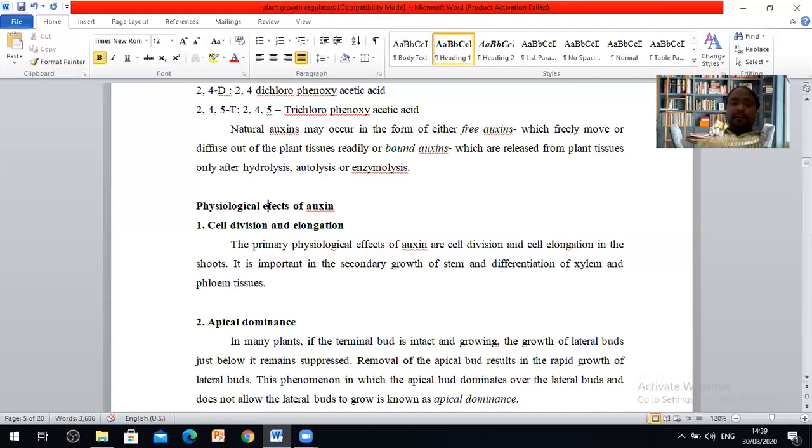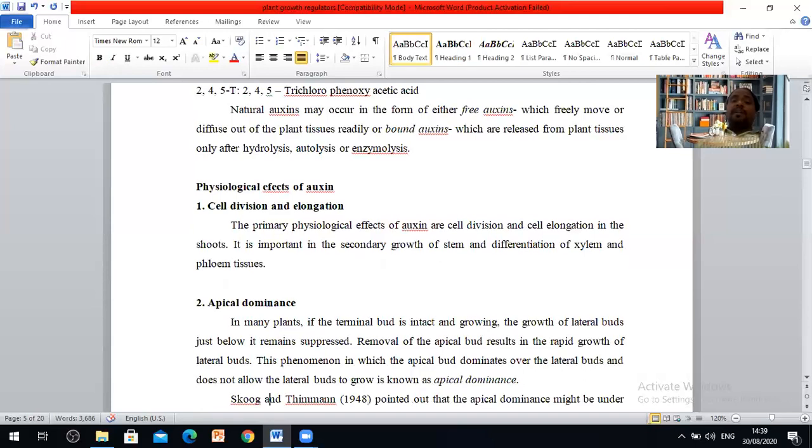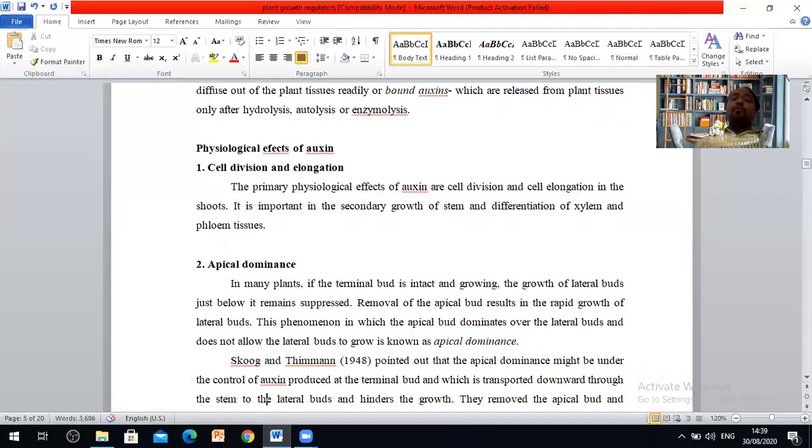In many plants, if the terminal bud is intact and growing, the growth of the lateral bud just below remains suppressed. Many plants show such behavior. Here, the growth of the plant is at the apical site only, and the lateral buds do not grow. The apical bud grows only.